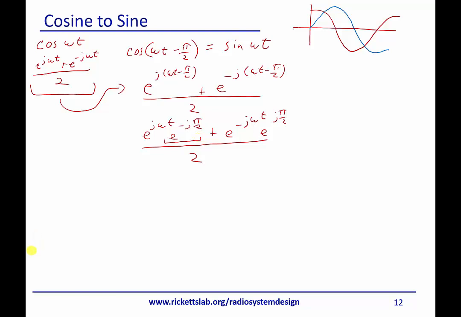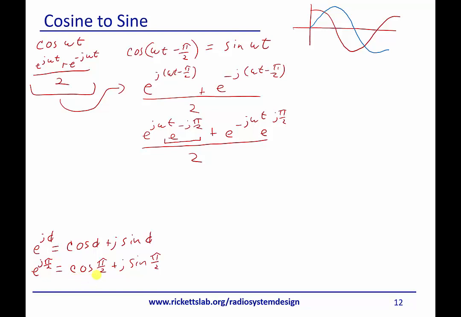Okay, so let's just look at that from Euler's formula. e to the j phi is equal to cosine of phi plus j sine of phi. Okay? Now let's try it with pi over 2. e to the j pi over 2 is equal to cosine of pi over 2 plus j sine pi over 2.